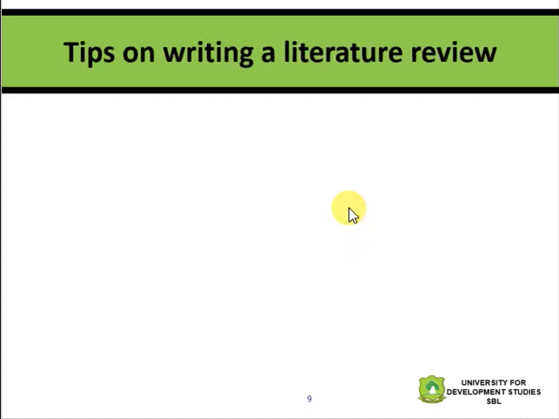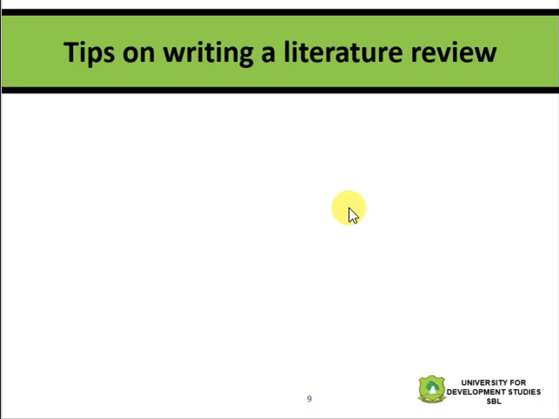It is also important that we distinguish a literature review from a book review. Some of us may have heard of the term book review. These are two different things. Literature review is a process as part of the conduct of our research, where we search exhaustively for literature in relation to a particular topic, try to find the issues that are being discussed, and try to identify the gaps that we get from the review process.